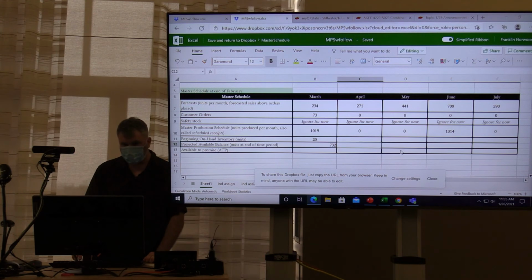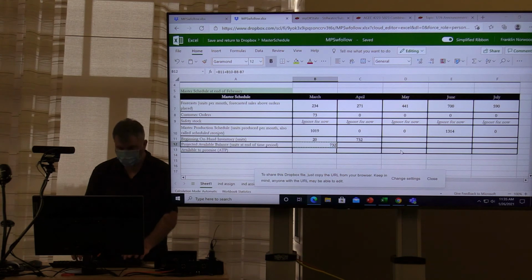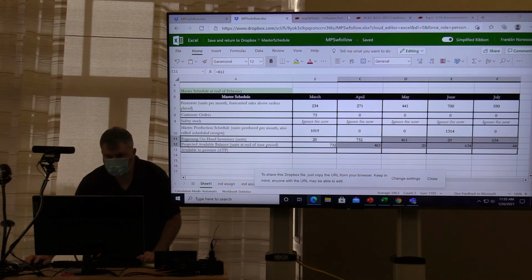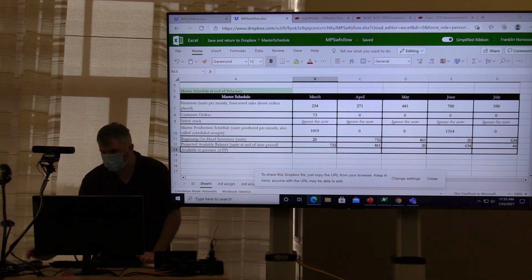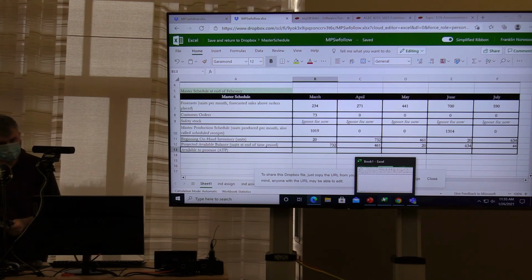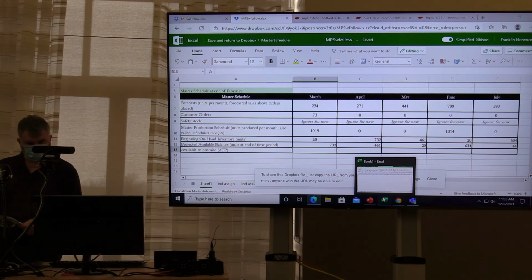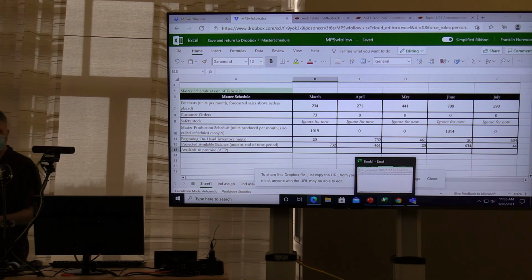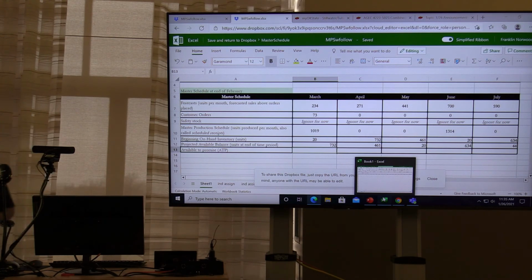So I expect to begin the next month with that same number of units, 732. And if I did the formulas correctly and carried them out, that's what I should end up with. Anybody get anything different? Okay.